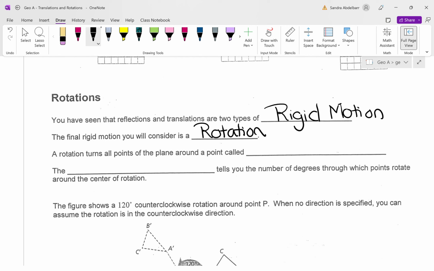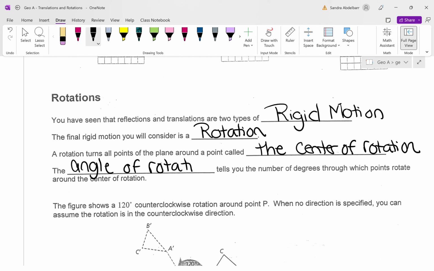A rotation turns all points of the plane around the point called the center of rotation. The angle of rotation tells you the number of degrees through which points rotate around the center.